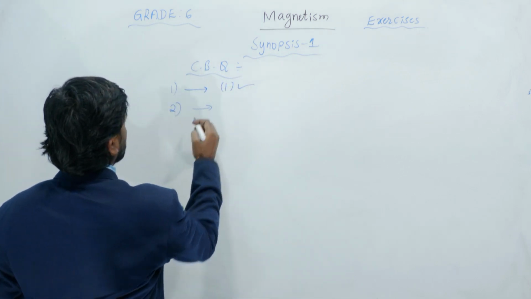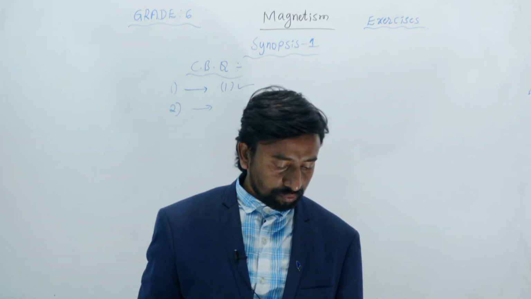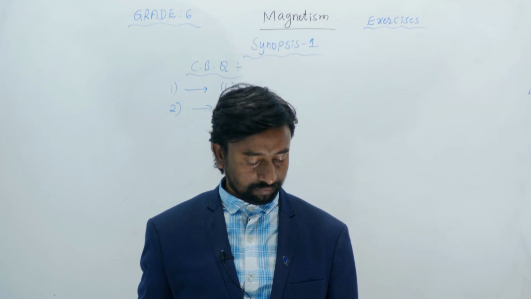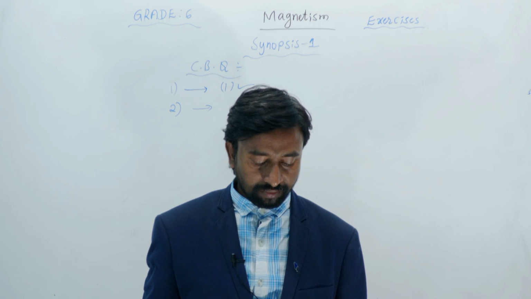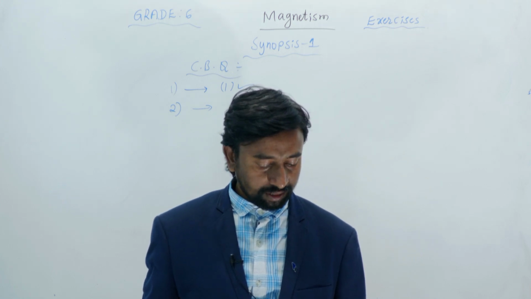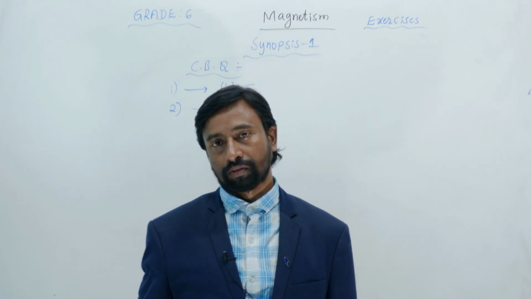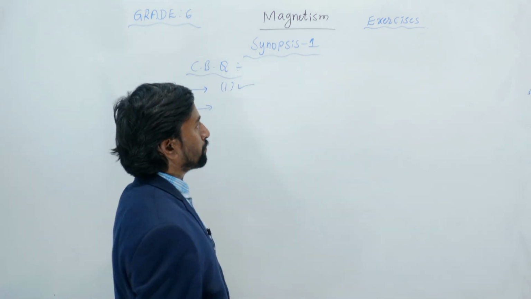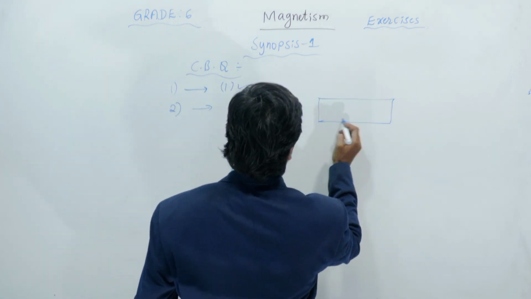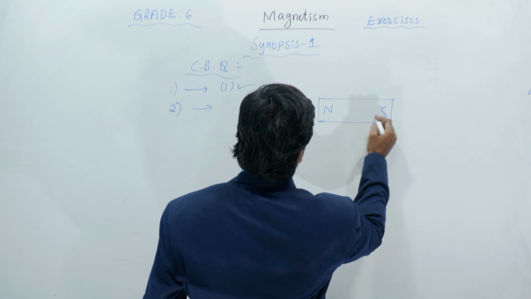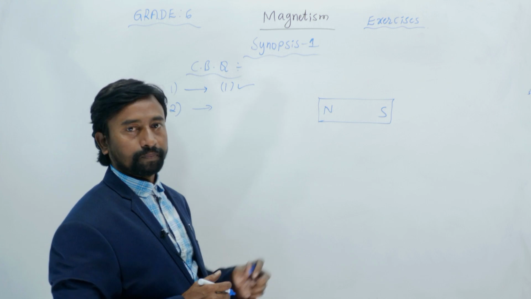And the second question in the concept based questions: magnetic lines of force are. The first option is closed loops and continuous curves, traveling east to west direction, always intersect each other, or possess all of these properties. Here, if this is a bar magnet, we know the two poles, north pole and south pole, are present at the edges.